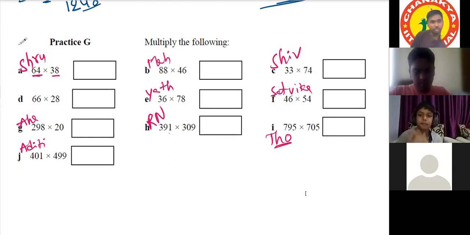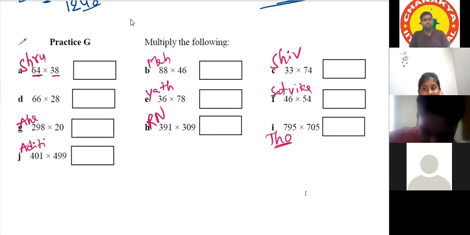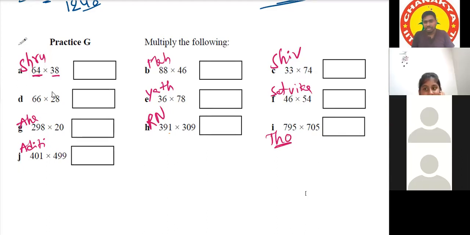Dhanyasri, can you do D? Dhanyasri. How can I take I? Sir, can you explain it again? Because my answer is coming different from the real answer. Dhanyasri, D, okay? Okay, sir, I will check. Sir, should I take the shortcut of 66?